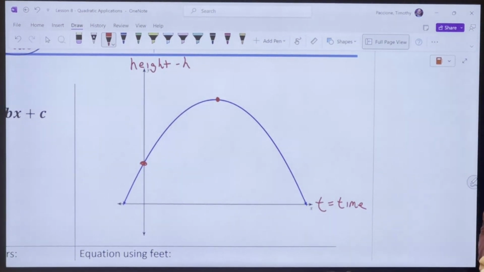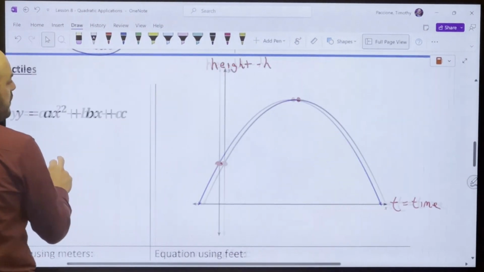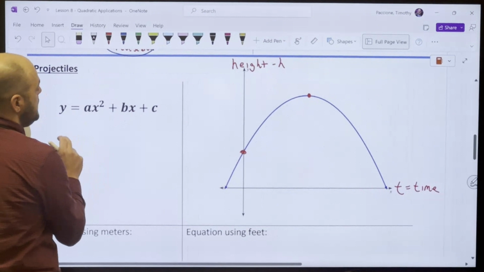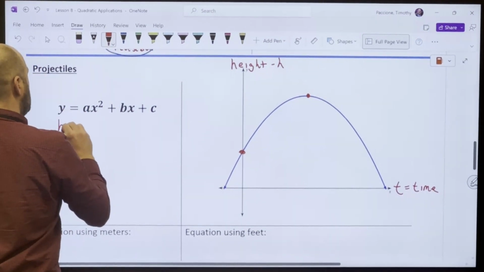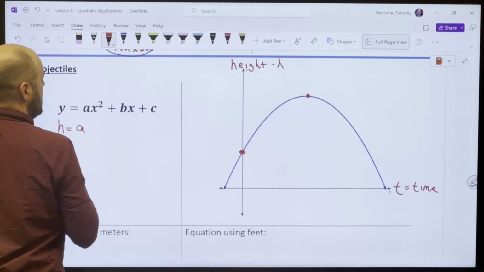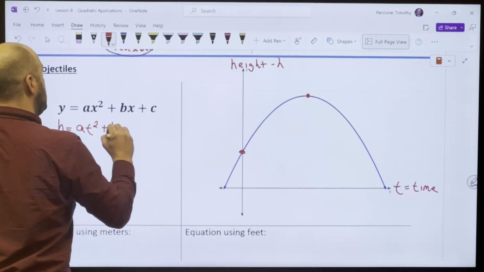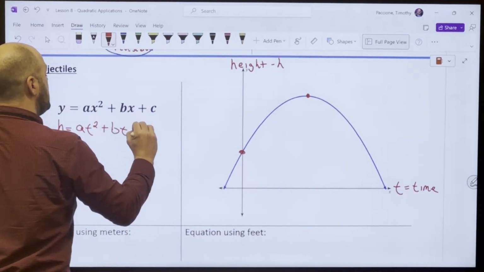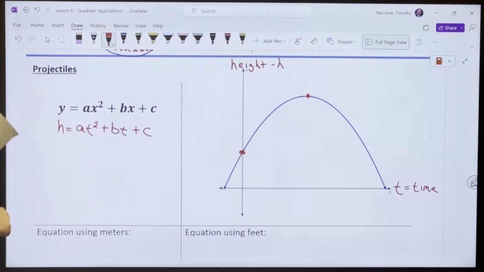Okay, so first thing we need to do is rewrite our equation with these new pieces. So instead of y, we have h equals a, instead of x, we have t squared, plus b times t plus c. Yep, t squared.